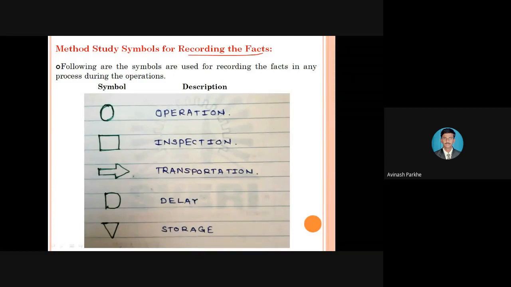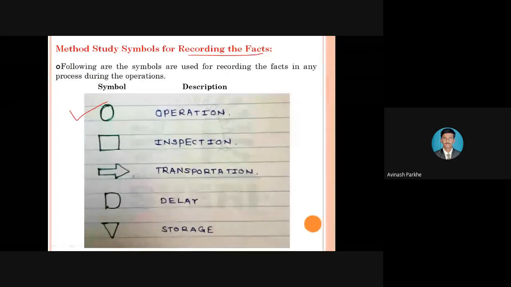All these machines perform the operation on that particular job, and that operation can be represented by the first symbol, which is the circle. The circle represents the operation performed on that particular raw material.